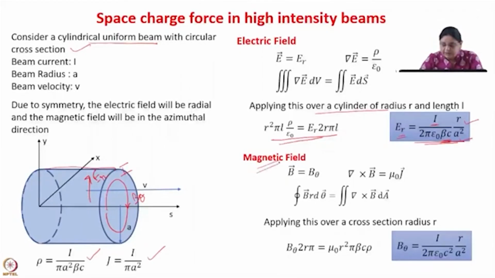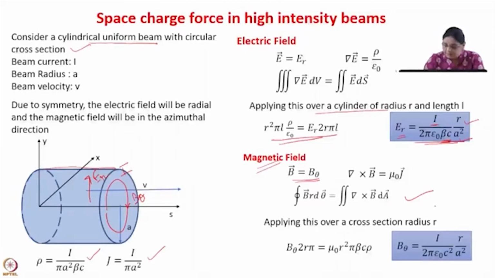Similarly, we can calculate the magnetic field due to this cylindrical uniform beam with circular cross section. So there will be only theta component of magnetic field. So again, using Maxwell's equation, curl of B is equal to mu 0 J, and applying the Stokes theorem, we can write B theta r dtheta integral is equal to the integral of curl of B dot dA.